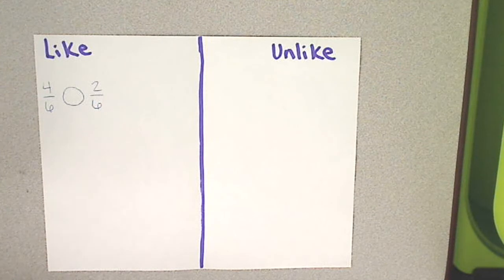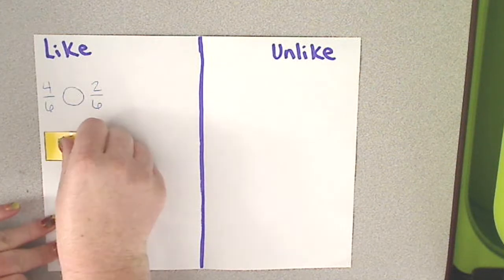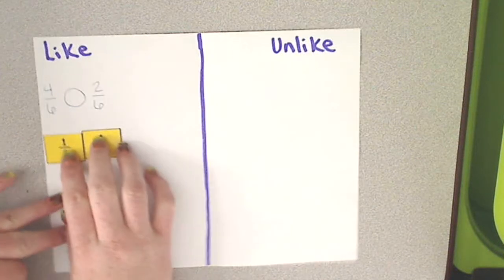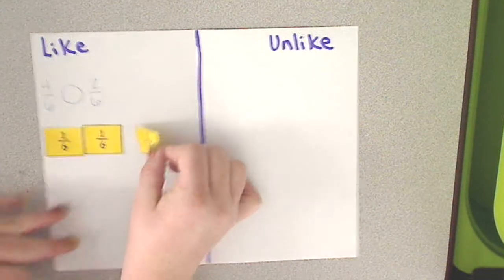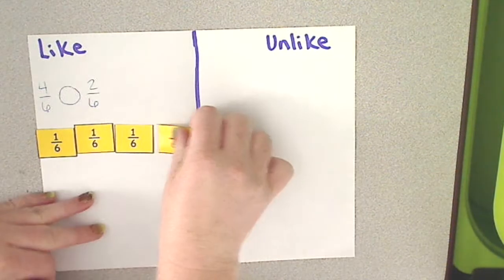So the pieces are the same size and the individual pieces are going to be the same size as well. So let's take a look at this. If I have 4/6, 1, 2, 3, and 4.